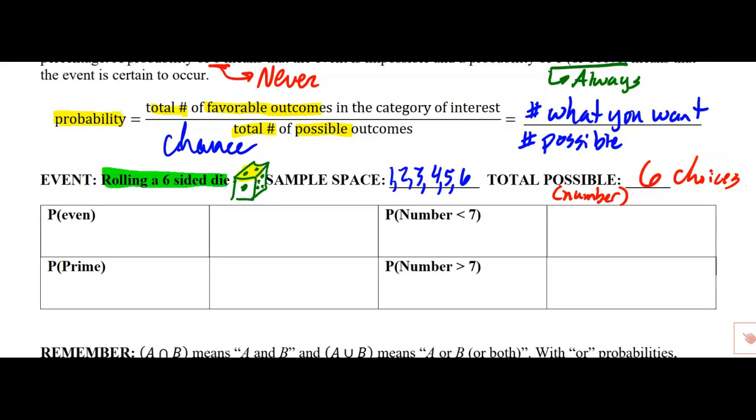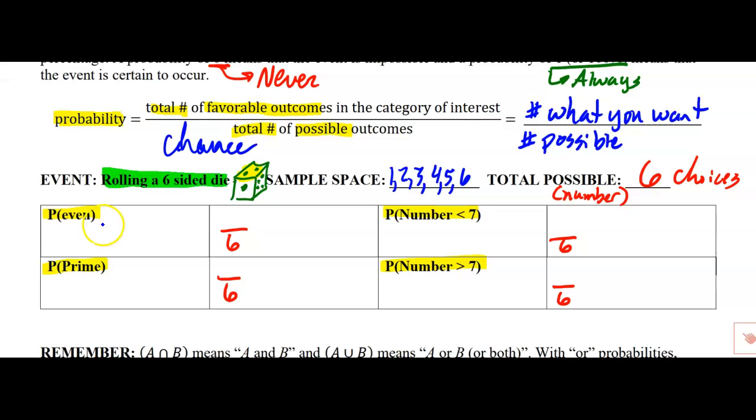Okay? So all of these probabilities down below in this table are out of the number possible. So it's out of 6. Our chance is always going to be out of 6 choices. So what is our probability of an even number?